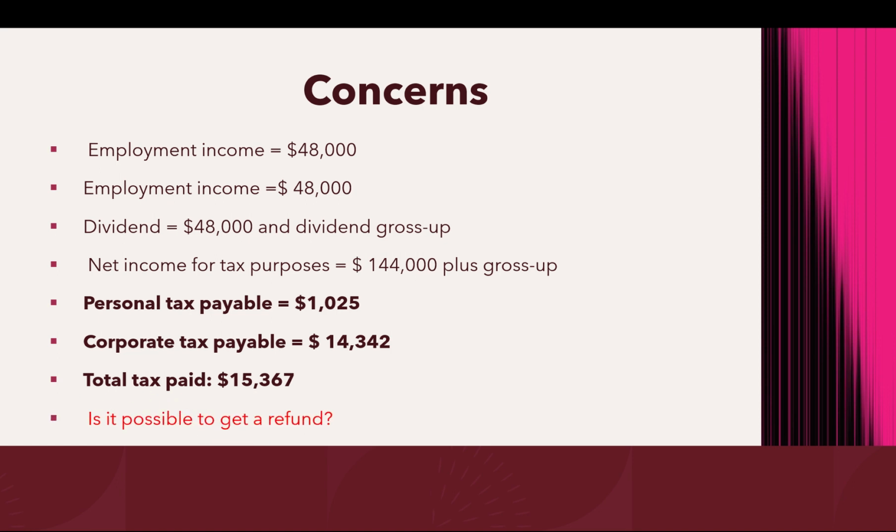Is it possible to get a refund personally from the CRA? This is a legitimate expectation for any taxpayer. In fact, everybody wants to get tax back, the tax refund. If not, they want to reduce their tax liability as much as possible.